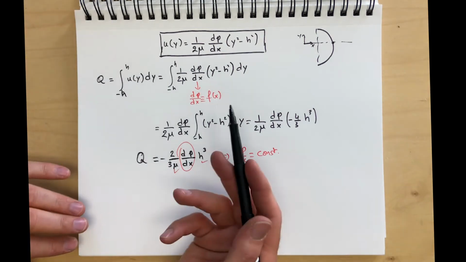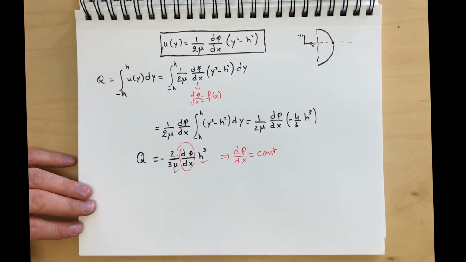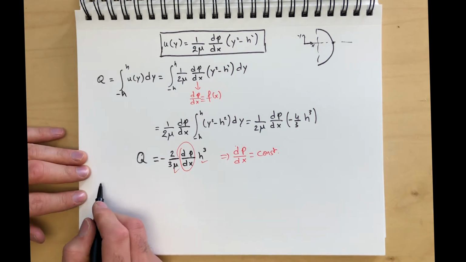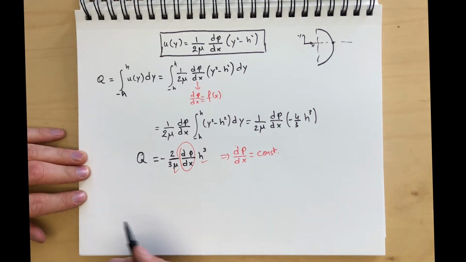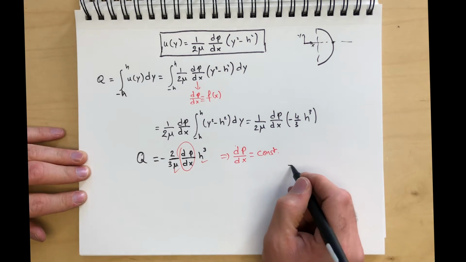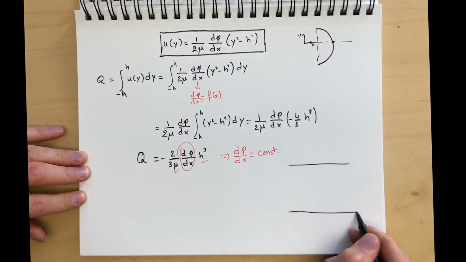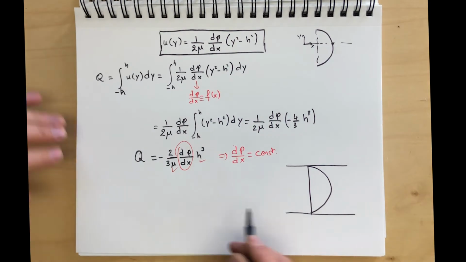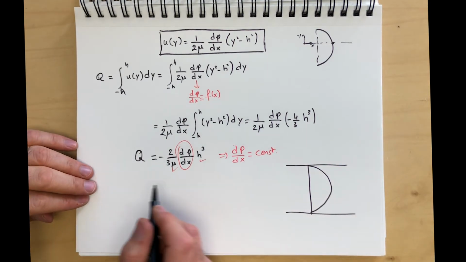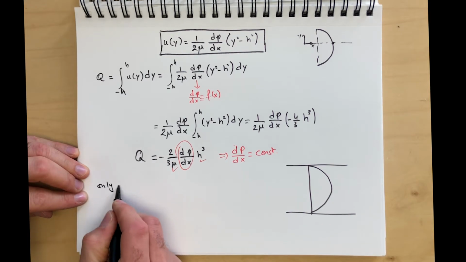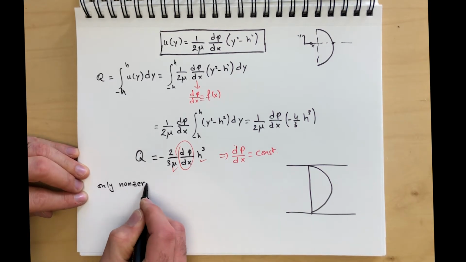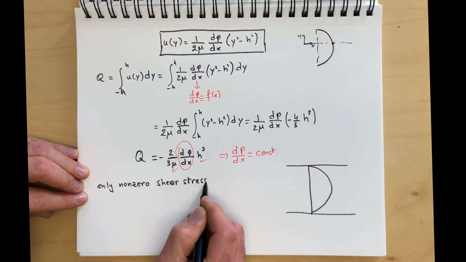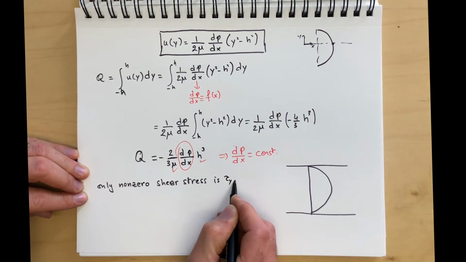Now, once you have the velocity field, you can do all sorts of fun things with this. For example, you can calculate the shear stress at the wall and get an idea of what the shear stress looks like. So without even punching any numbers, if this is our velocity profile, we expect the only non-zero shear stress to be tau yx.